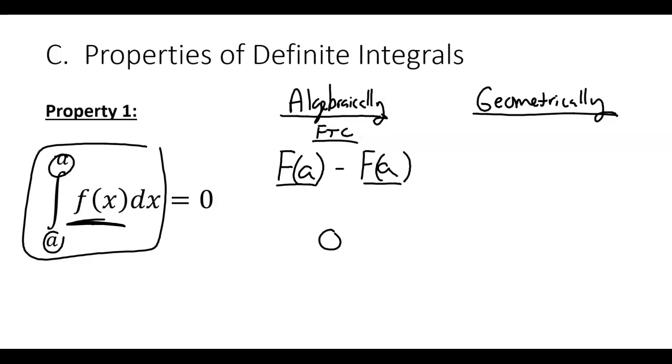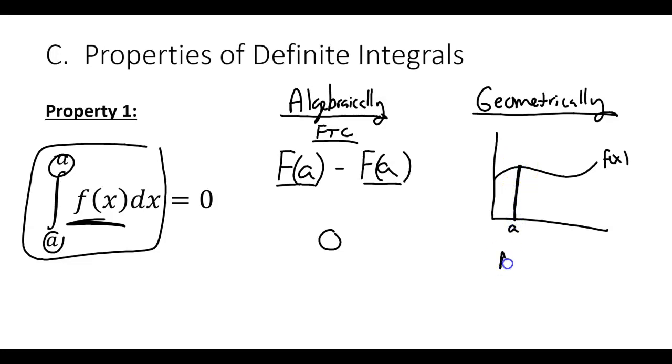All right, but let's think about that geometrically. So we're talking about a curve here, a function f of x. And when we're doing the fundamental theorem of calculus, we usually start at a number and then we end at a number. But if I asked you what's the area under the curve from A to A, what's the area of this line?